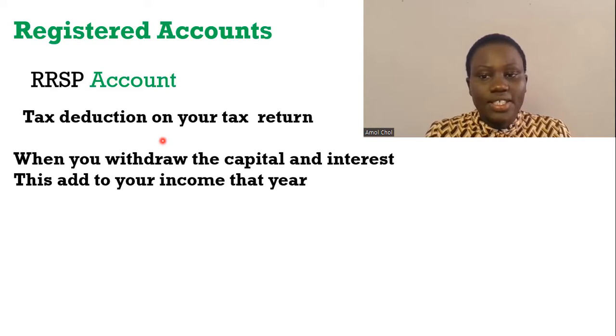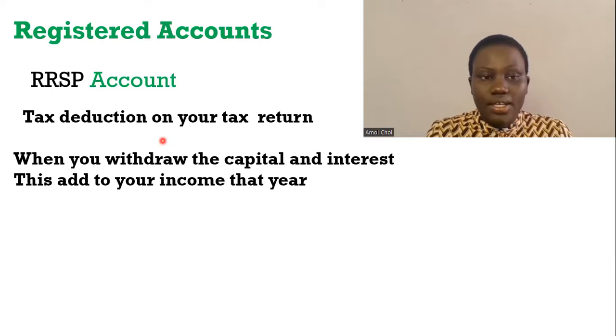The amount of tax that you will pay will depend on the tax bracket your new income falls into after you contribute to the RSP. So if it falls lower than your normal tax bracket, then you pay less tax that year. So on your tax return, you will get more money back from the government.